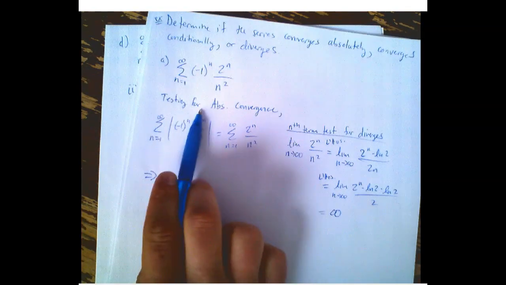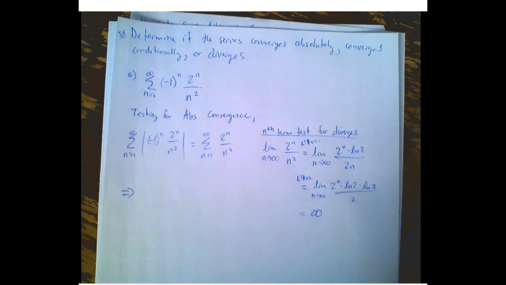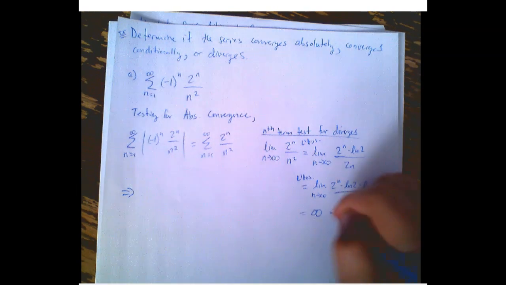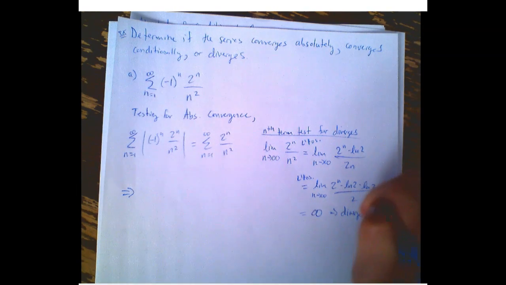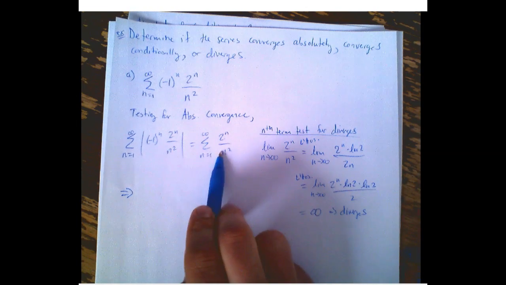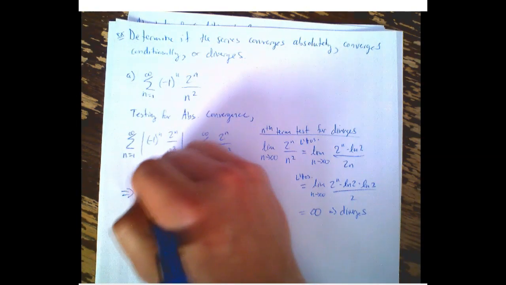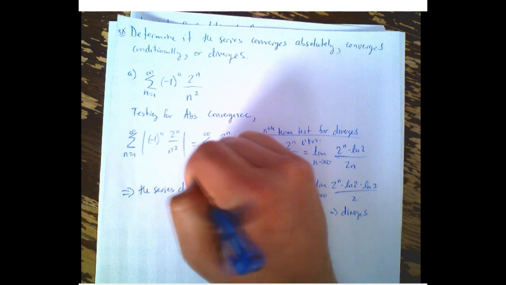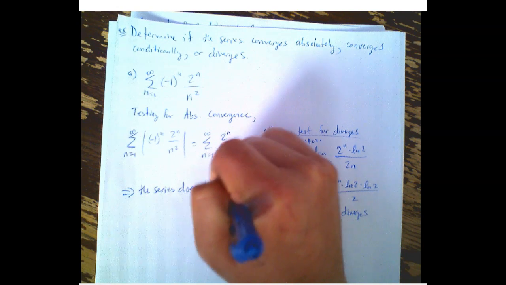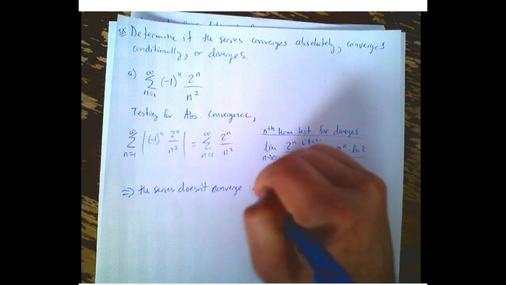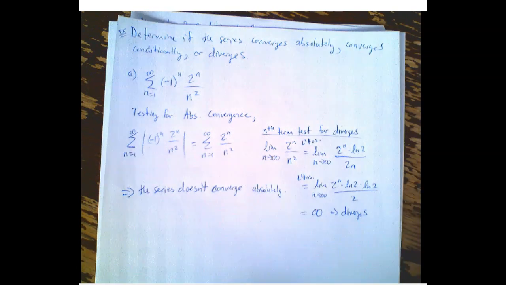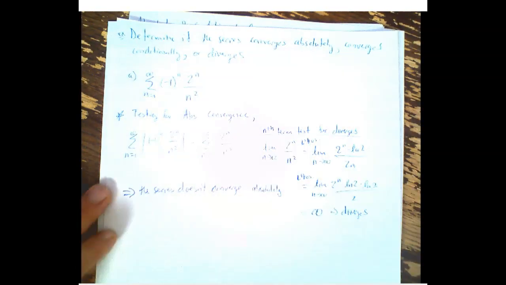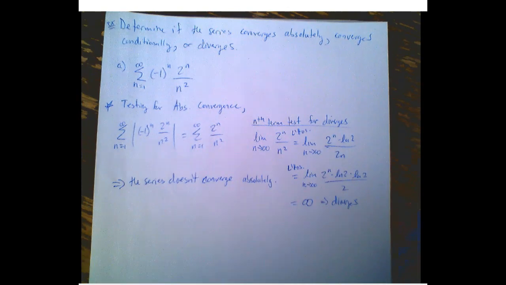We just tested for absolute convergence here. We've got divergence of the absolute value series. Thus, the series doesn't converge absolutely. Now let's test for conditional convergence.